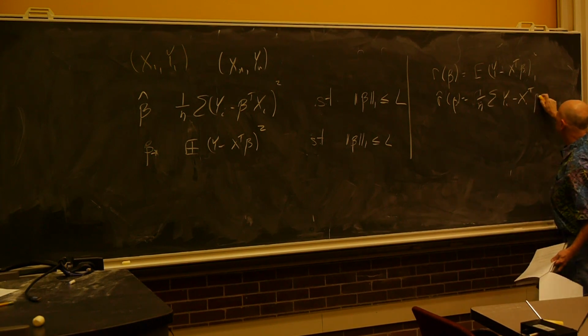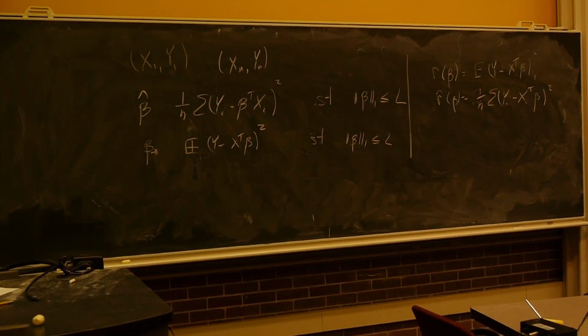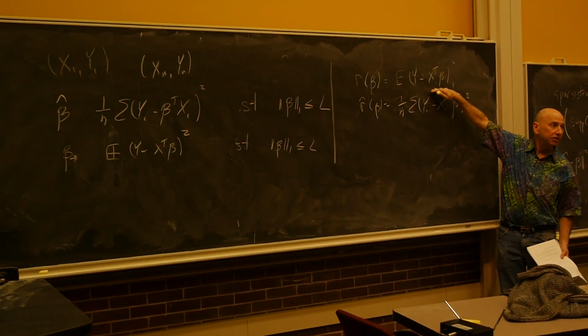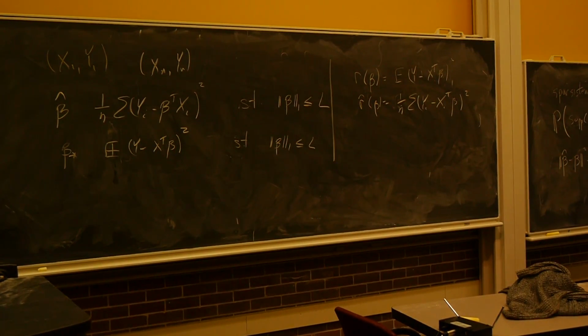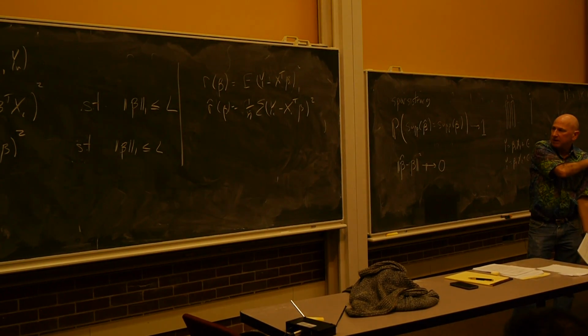Remember what we did to show that beta hat predicts almost as well as beta star. We first just showed that the training error and the true error are close. We showed those were epsilon away with high probability. We did that with Hoeffding's inequality and the union bound. The only thing that changes here is we have to bring the L1 bound into that, but that's going to come up very naturally.